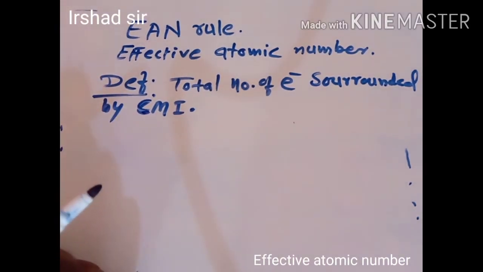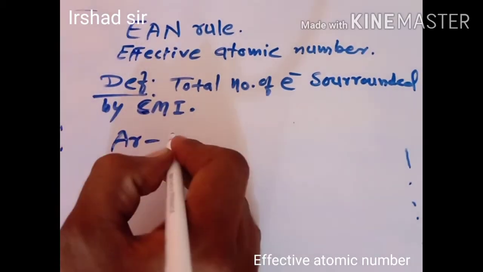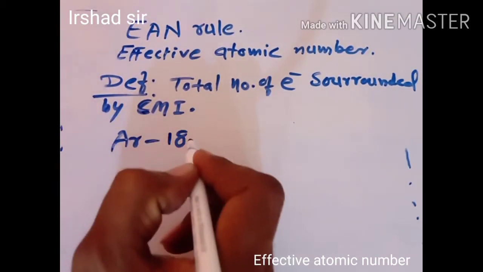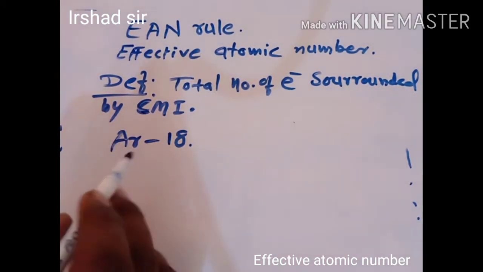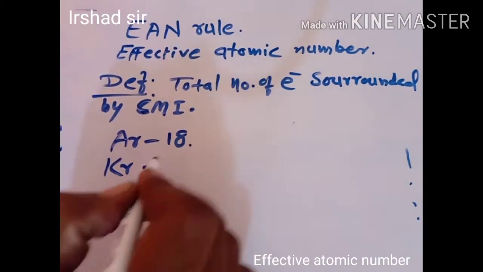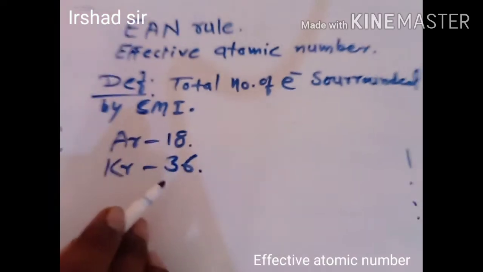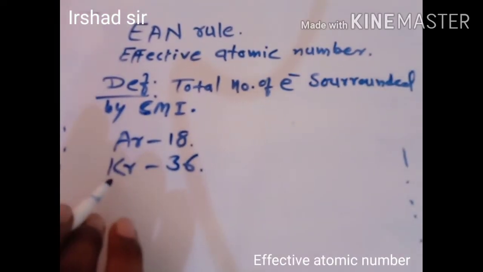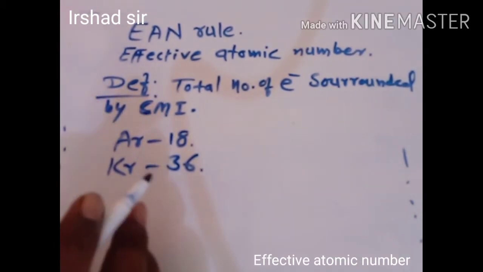For example, if it achieves the effective atomic number 18, then it obeyed the EAN rule. Or if its effective atomic number is 36, that is the nearest noble gas configuration, krypton, then it also obeys the EAN rule.